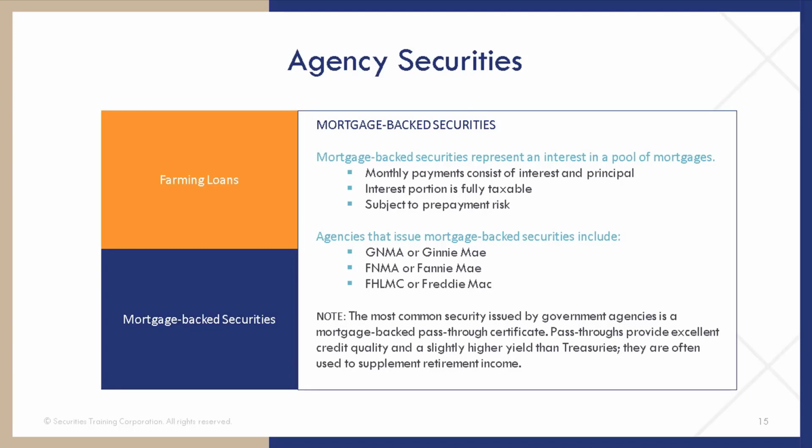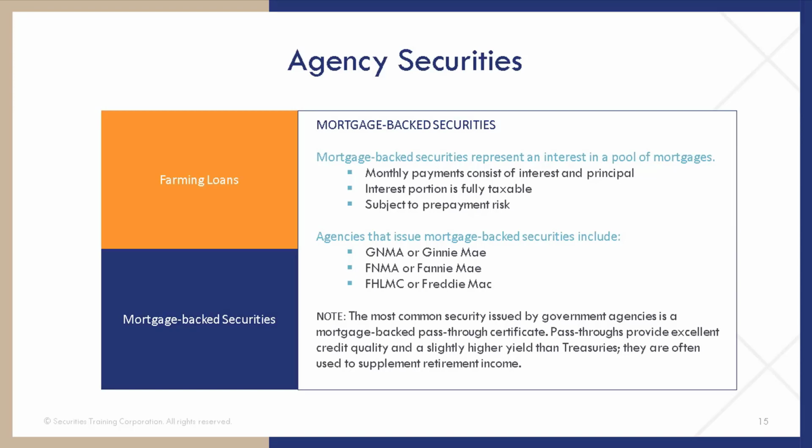A basic type of mortgage-backed security that was created was what was called the pass-through certificate. So we pool together mortgages. We sell interest in that pool. The investors own an undivided interest in this pool of mortgages. Then the homeowners pay interest and principal to a bank that's servicing the loan.